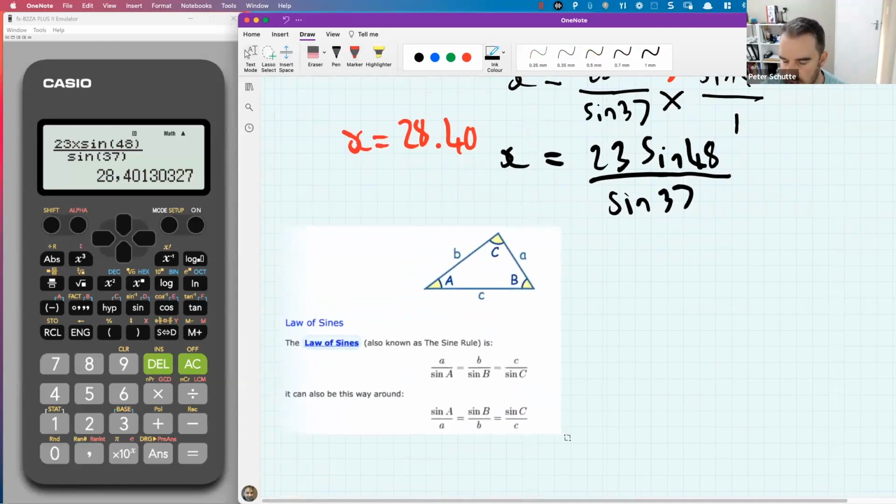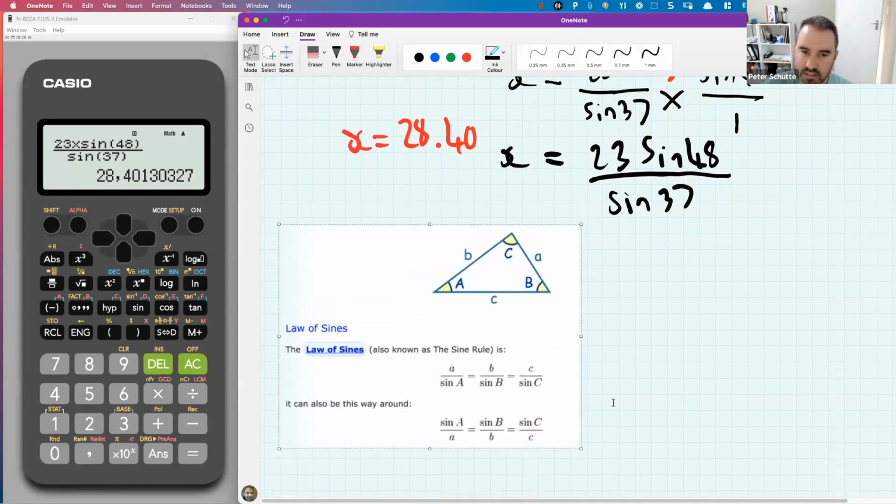in terms of the theory statement. Okay, so there's two ways of writing the sine rule. The one way of writing it is with the sides on top: a, b, and c, little a, b, and c are the sides, and the sides are on top. The other way of writing it is with the sine of an angle on top and the sides at the bottom. But I want you to notice what happens.